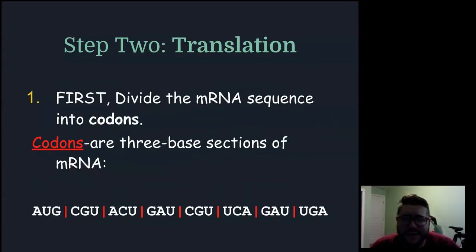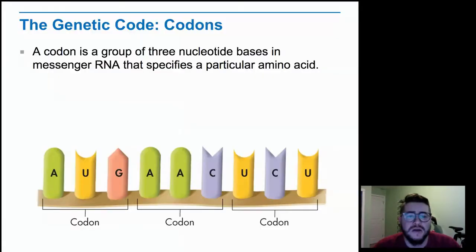So the sequence on the mRNA is divided into 3 base sections called codons. Basically every 3 letters of the mRNA codes for a potentially different amino acid, right? So every 3 letters of mRNA is called a codon.